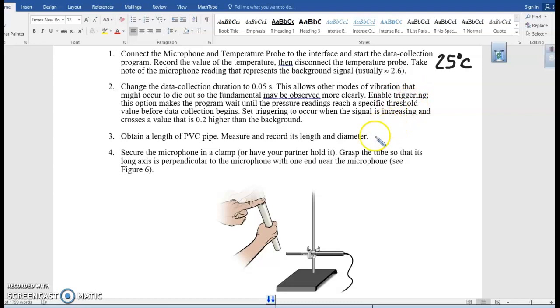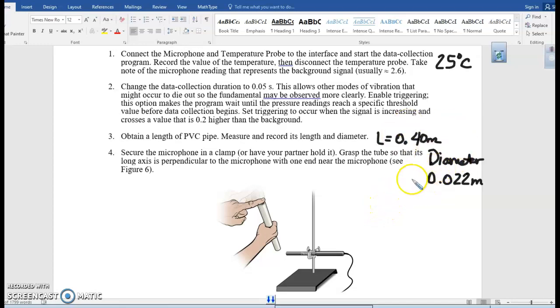The length of the PVC pipe and the diameter: let's say we measure the length with a ruler at 40 centimeters and then convert that to meters, and the diameter of the pipe is pretty small, 0.022 meters. All right, so we'll start data collection.